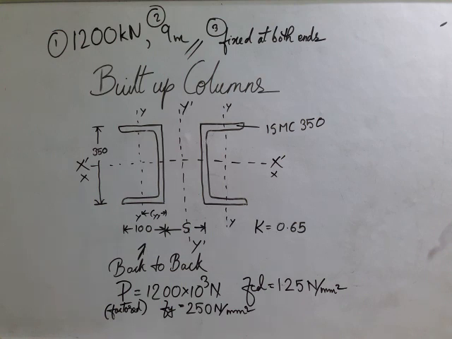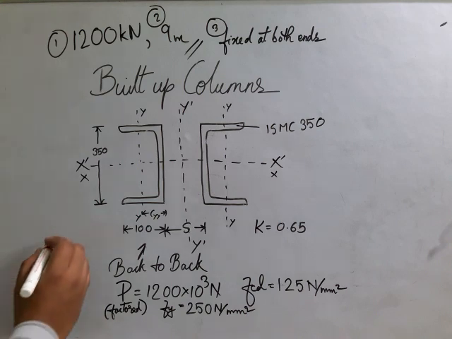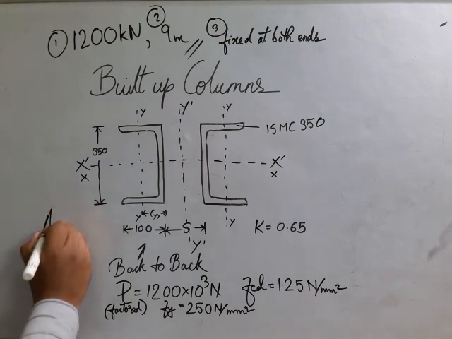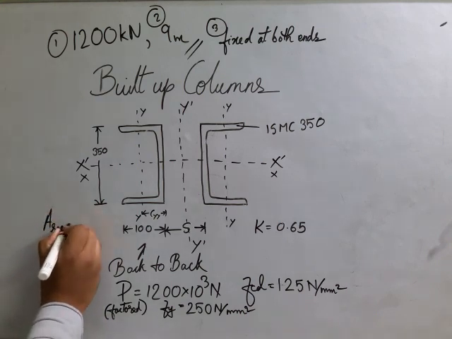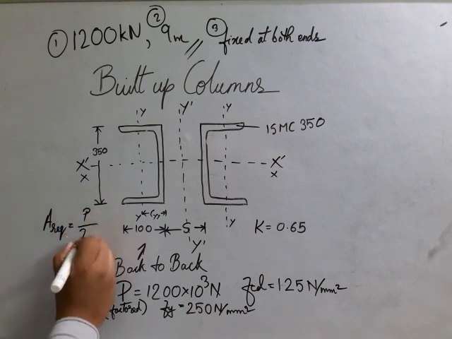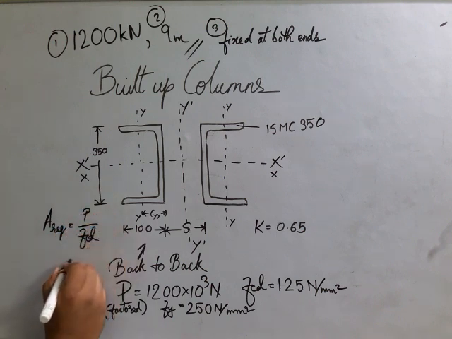Since we don't have to take 1.5 as a multiplying factor again, now let us find out the area required. Area required will be how much? Load divided by the design compressive stress. So let us calculate: 1200 into 10 to the power 3 divided by 125.